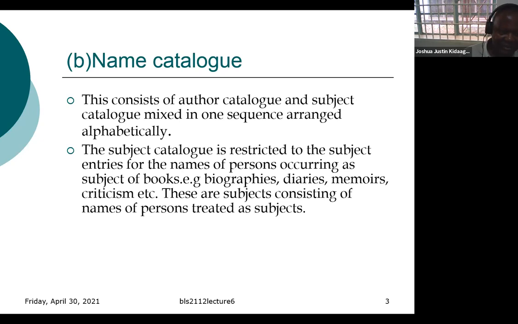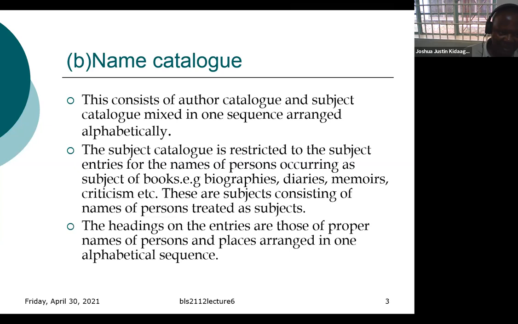As long as we get those subjects and the author catalog, combine them together, then we get what we call a name catalog. The headings on the entries are those of proper names of persons and places arranged in one alphabetical sequence. So when we talk of names of persons, we also include places.